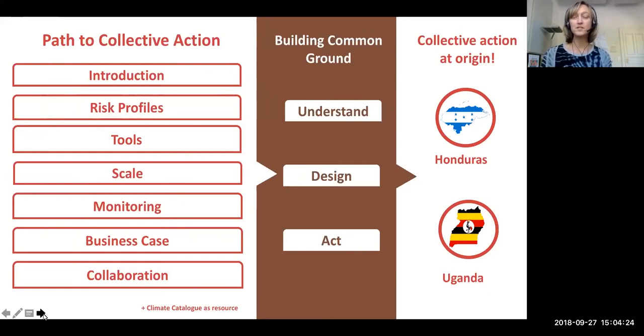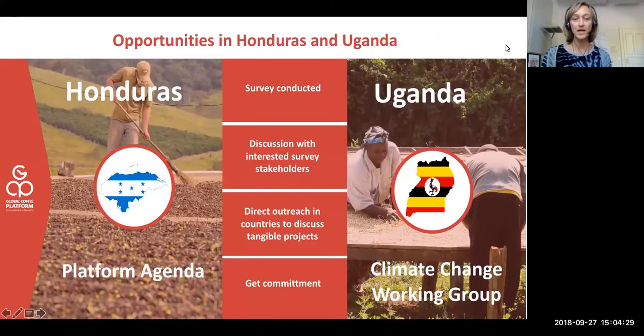The two opportunities we are working on are in Honduras and Uganda. Here we sent out a survey to the participants, but also a wider stakeholder group. Unfortunately, we have had not as many answers as we had hoped, but nevertheless, we had a good turnout of organizations showing their interest in Honduras and Uganda. We are already in discussion with these organizations that have shown interest in certain topics in those countries.